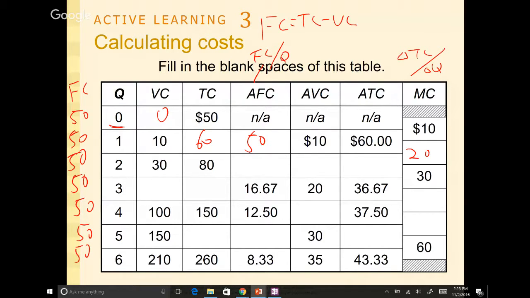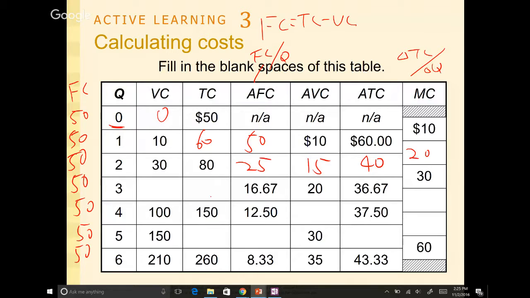All right, next one, your AFC. Quantity is 2, FC is 50, so 50 divided by 2 gives you 25. And for AVC, use the variable cost 30 divided by 2, that will be 15. For ATC, use your total cost divided by quantity, so that should be 40. Okay, and the next one, we're looking for these two numbers over here.